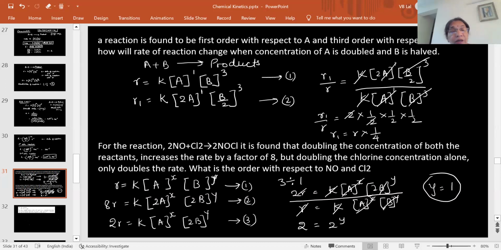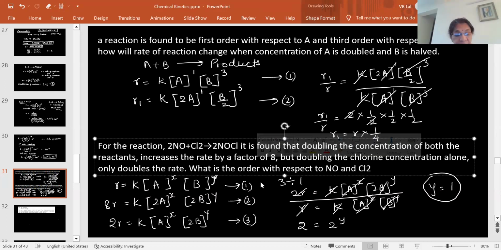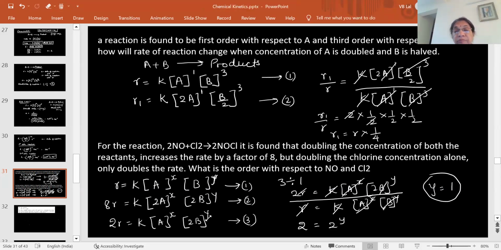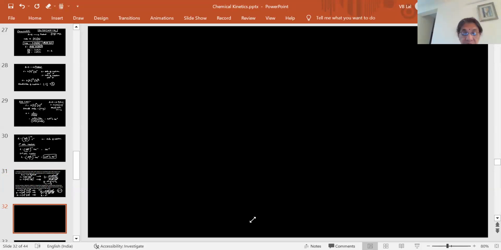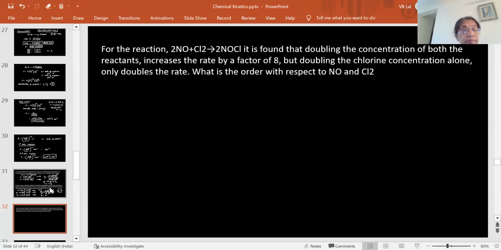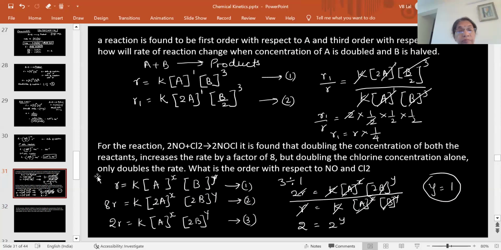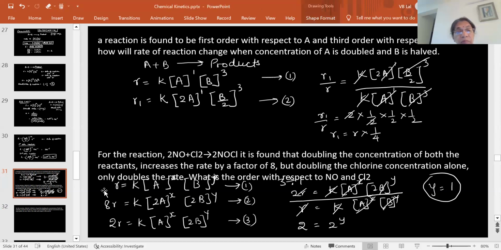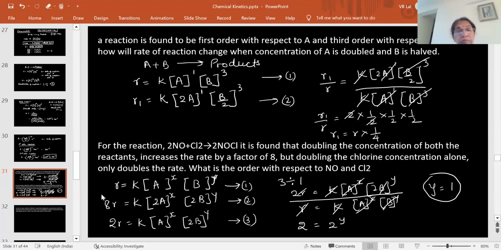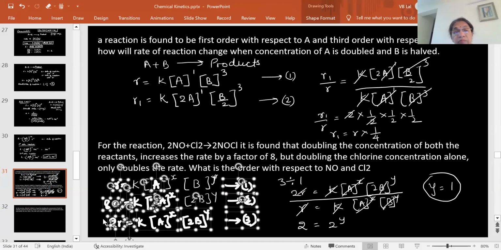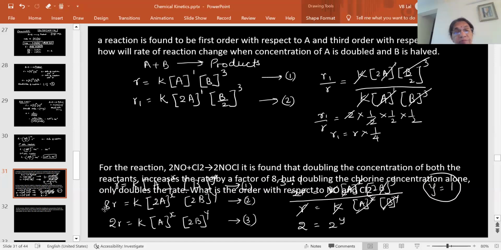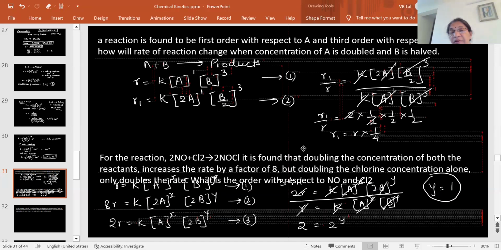To find it with respect to A, I should have taken it on another page. I have to copy this.